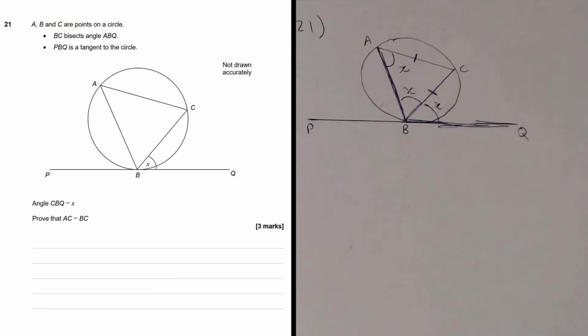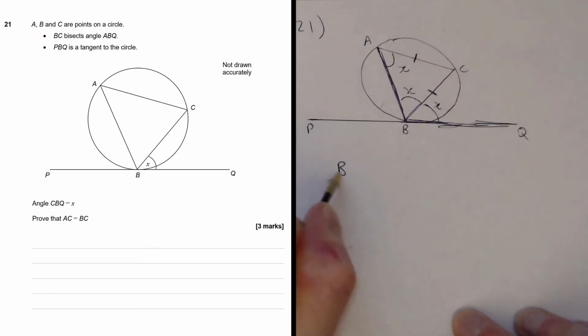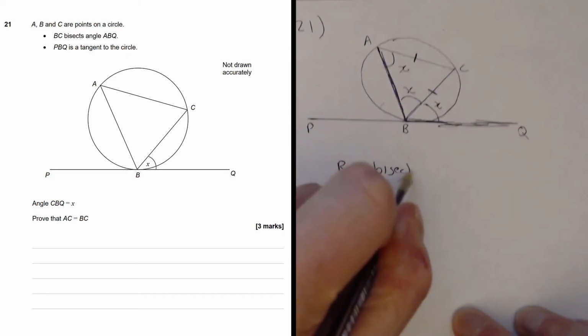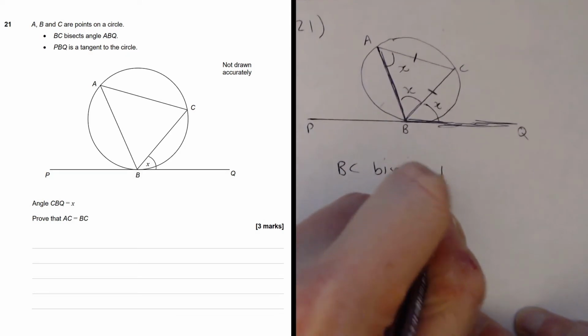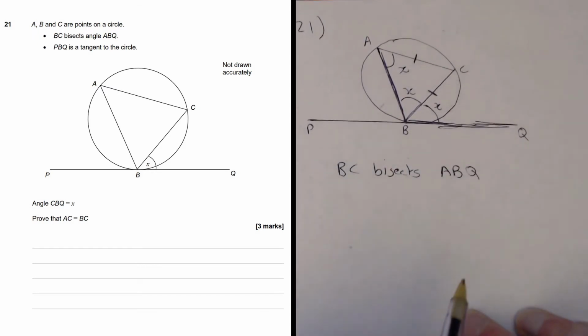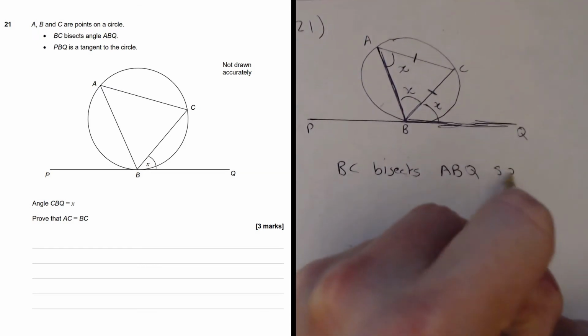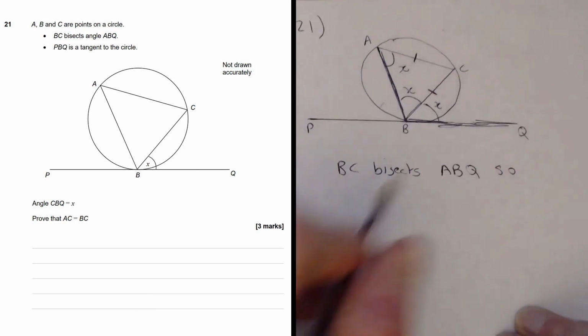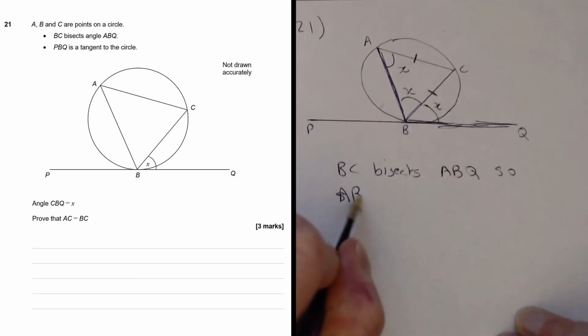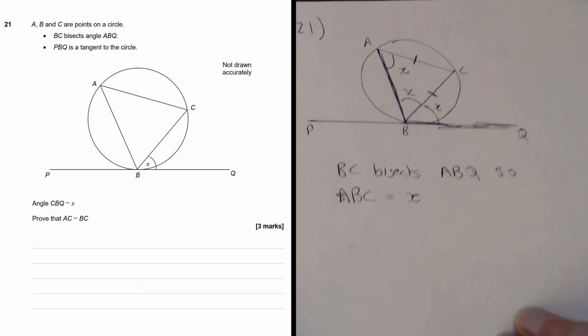To get full marks for this question, we obviously need to write down what we've just said. So the first thing I would say is BC bisects ABQ. So we know that angle ABC is x.